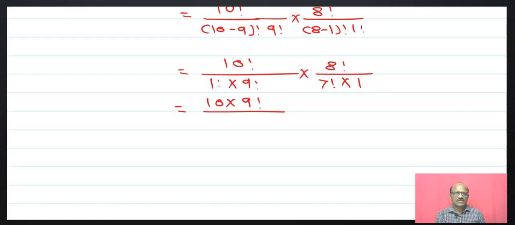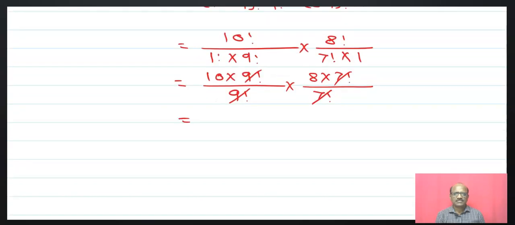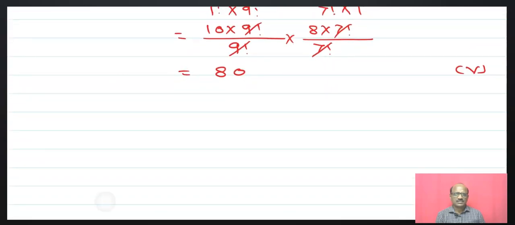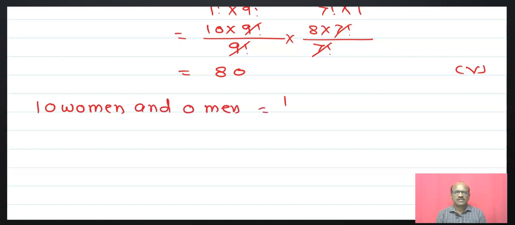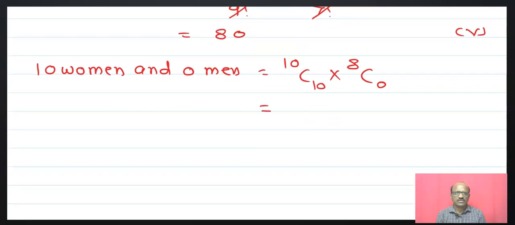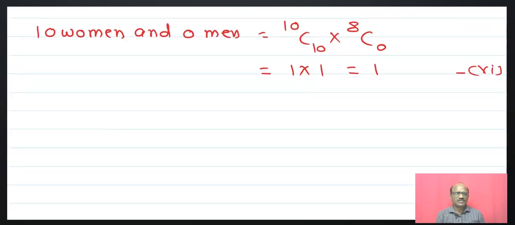That is it, 80 will be the answer. And last is only the 10 women, no men, that is 0. 10C10 into 8C0. The value of 10C10 is 1, and 8C0 is also 1.